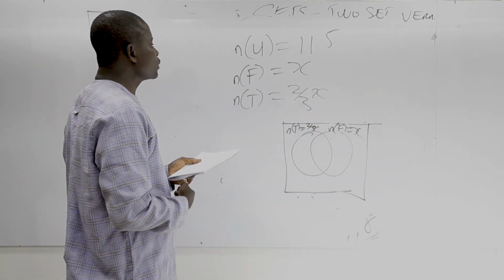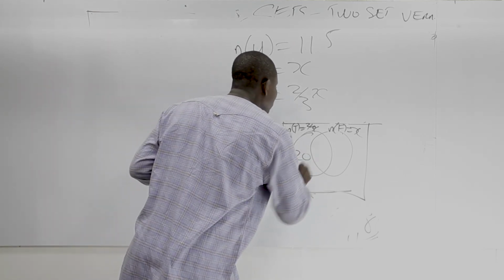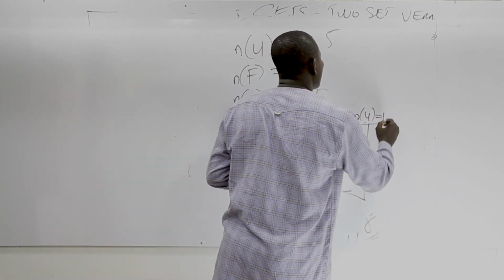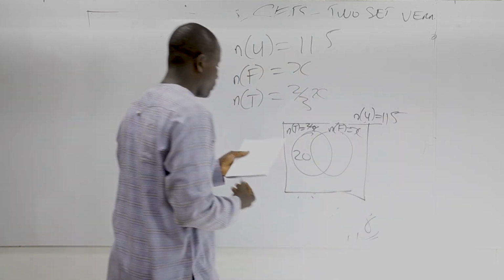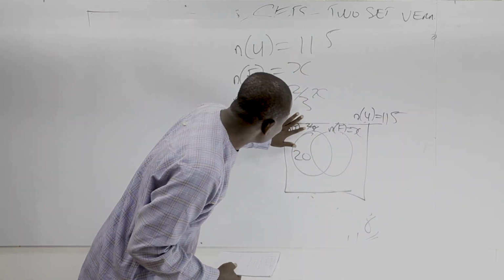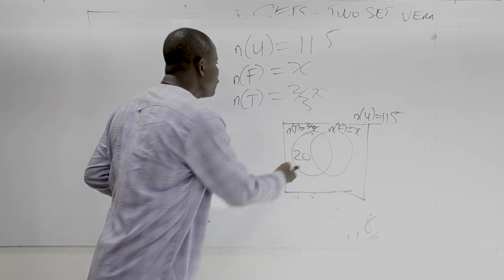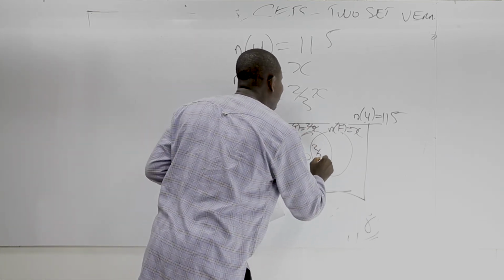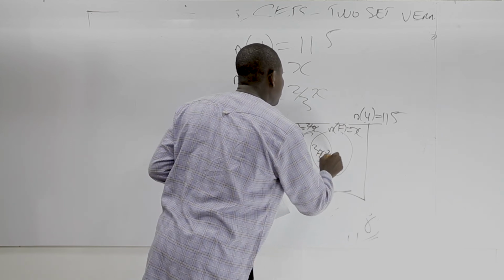But he's saying that only table tennis is 20, and then N total, or NU, is 115. So what do you do? In the middle here, because the whole of this is two-thirds X. If this circle is two-thirds X and this is 20, then this becomes two-thirds X minus 20.